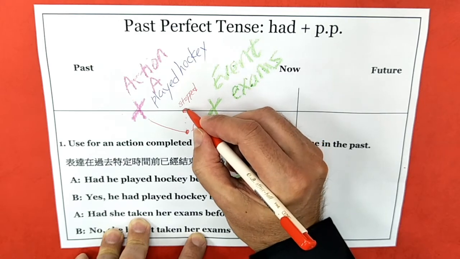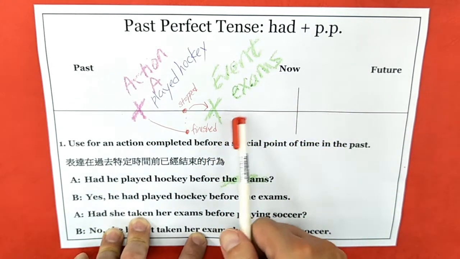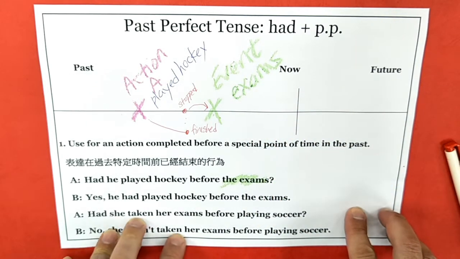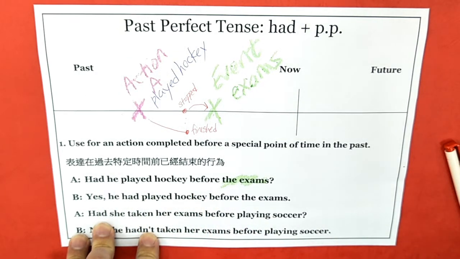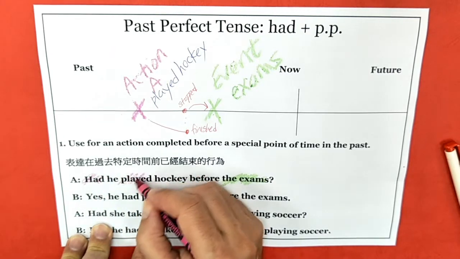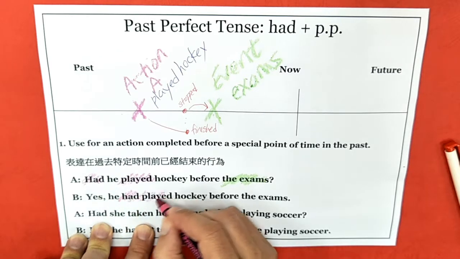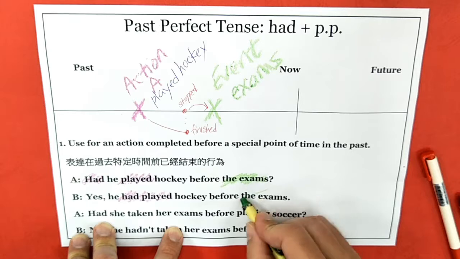When this is stopped, it's over, then we get this next event happening, the exams. Had he played hockey before the exams? Had played? Yes, he had played hockey before the exams.